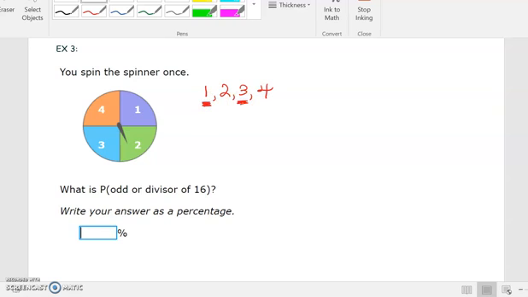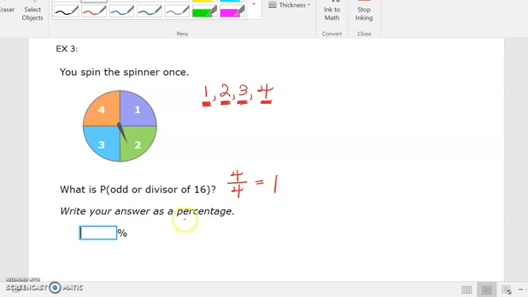Divisors of 16, those are numbers that actually divide into 16. So 1 divides into 16, 2 divides into 16, and 4 divides into 16. So when I look at my possibilities, I have all possibilities. So that means I have 4 possible chances, and I have 4 total spins, or 4 total numbers I could land on. When I reduce that, that equals 1.